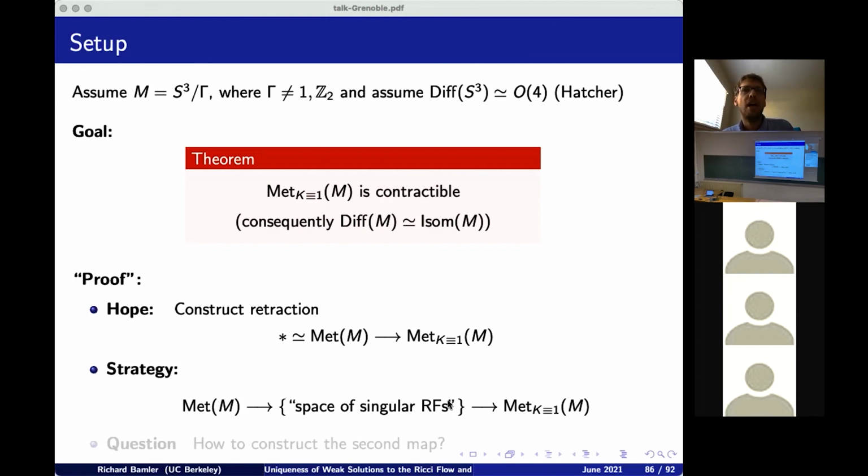Then we will need a map from the space of singular Ricci flows to the space of constant curvature metrics. We can't just take a limit of these singular Ricci flows, because they don't converge to a constant curvature metric on the time zero slice. We might have neck pinches, we may have different constant curvature metrics in the limit, and so on. So we really have to worry about how to construct the second map. The question will be: given some singular Ricci flow, how can we extract a constant curvature metric from it?